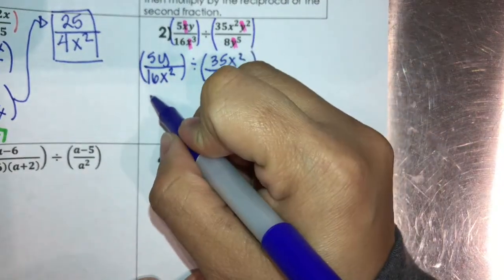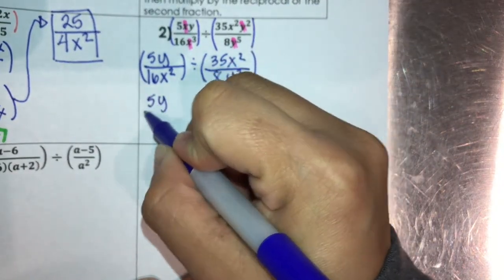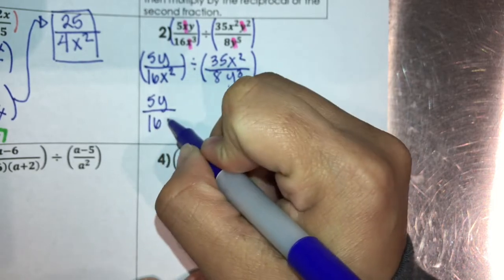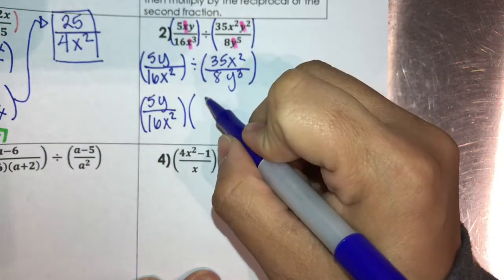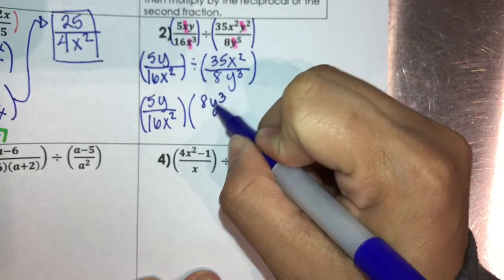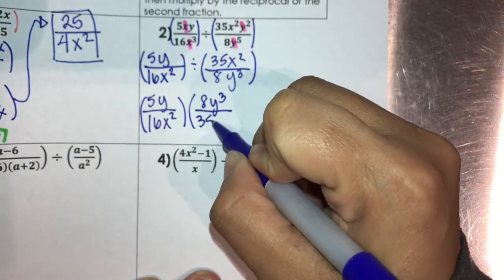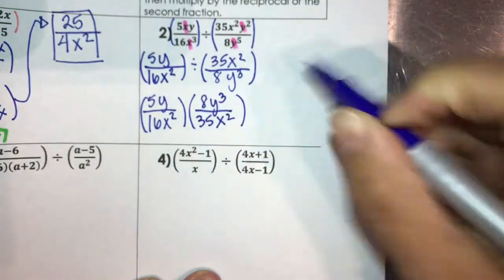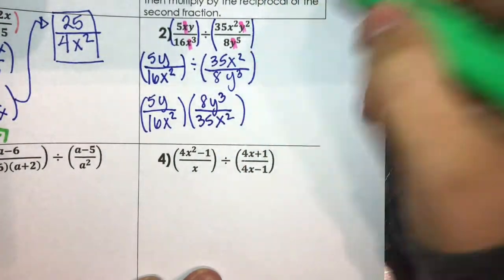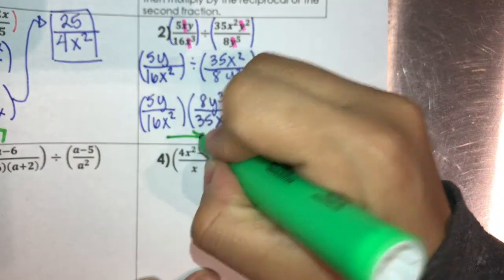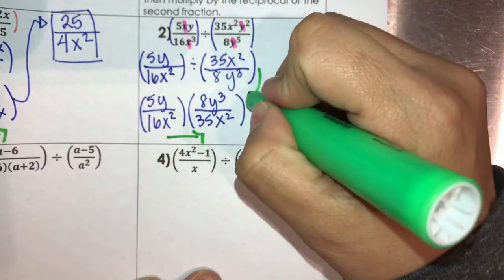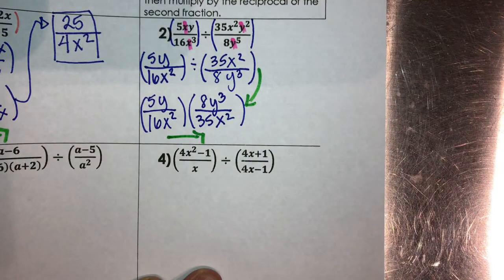Now we have 5y divided by 16x squared multiplied by 8y to the third divided by 35x squared. Remember that we multiply going across, and you have the reciprocal right here.